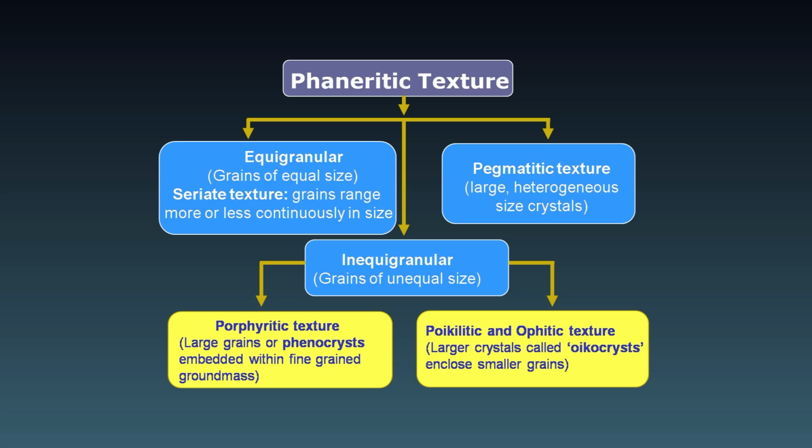In porphyritic texture, large grains or phenocrysts are embedded within a fine-grained groundmass. But in poikilitic and ophitic texture, larger crystals called oikocrysts enclose smaller grains. And the third category is pegmatitic texture, which is composed of large crystals of heterogeneous size.